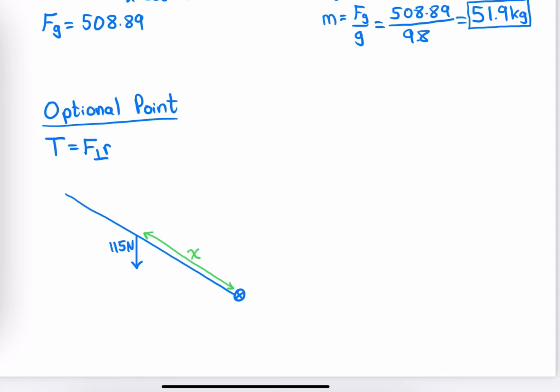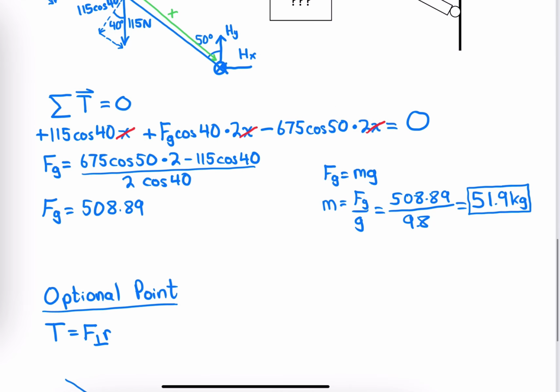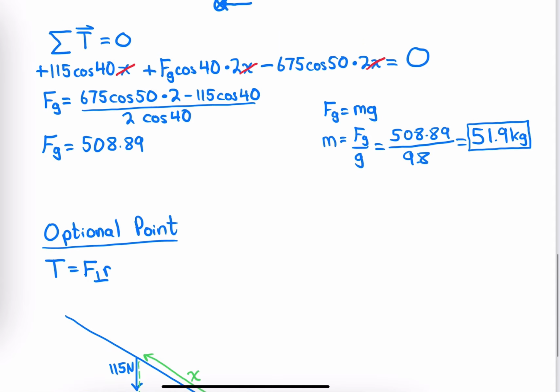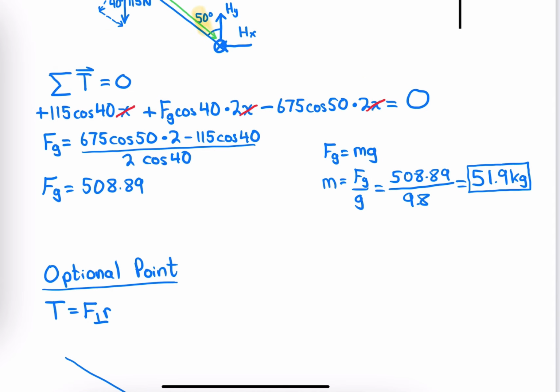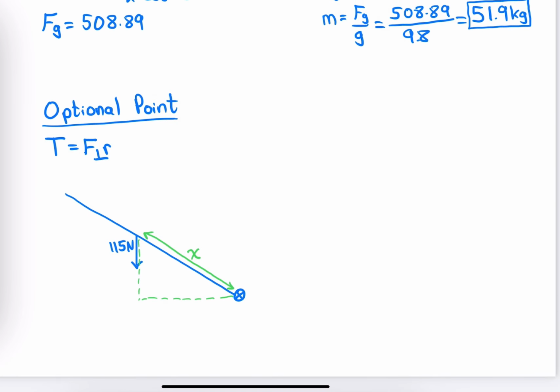We would want one component that is perpendicular to the force and one component that is parallel to the force. So let's see what we have for angles. We said that this angle up here was 50 degrees. So since I got a 90-degree angle here, my angle on the bottom should be 40 degrees. So this is 40 degrees.